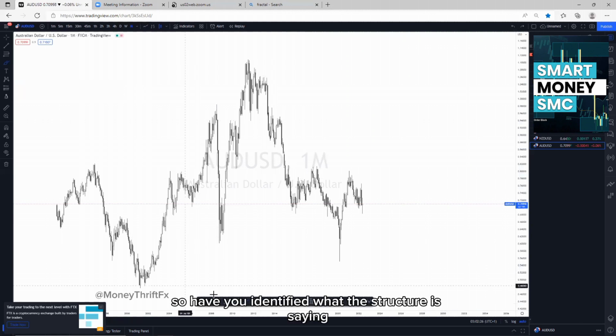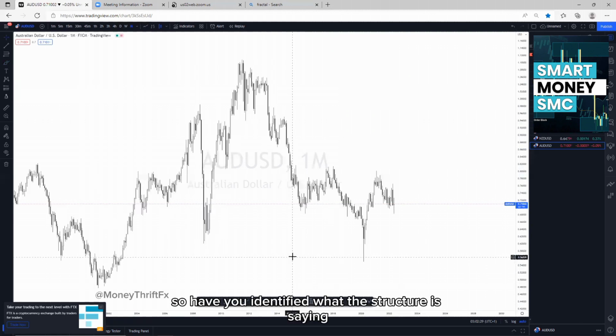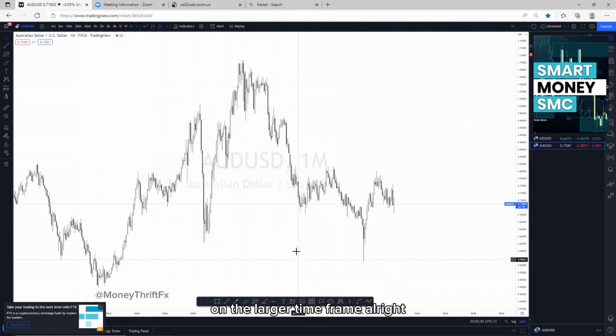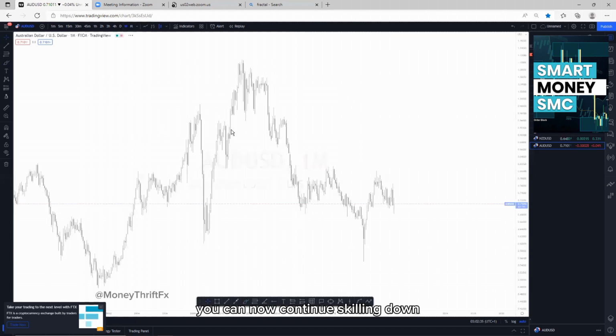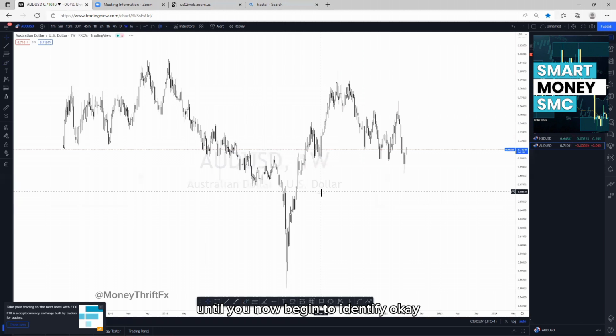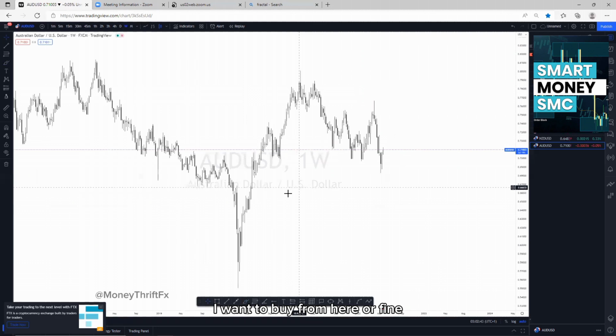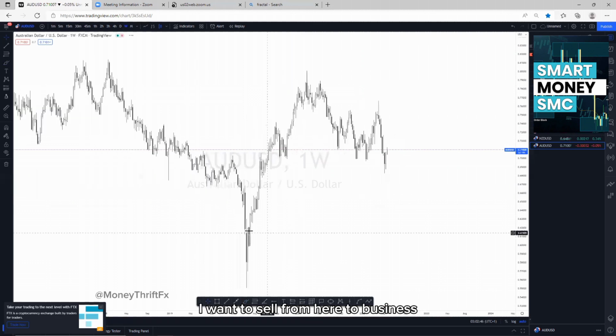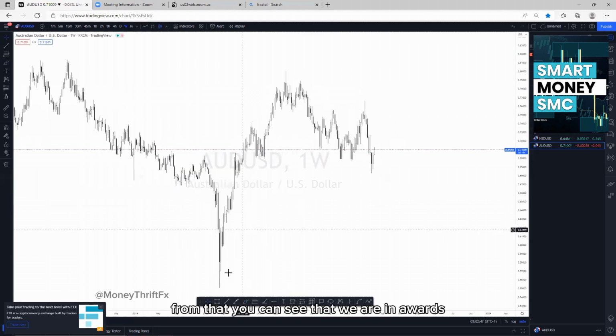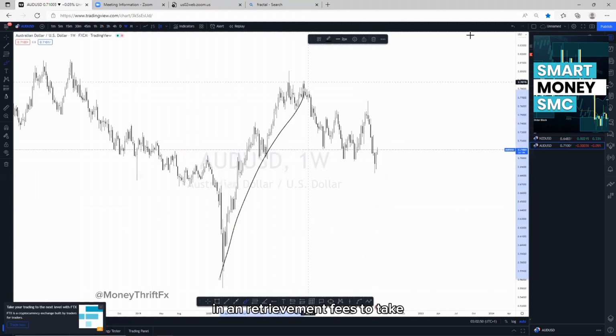Having identified what the structure is saying on a larger time frame, whether it is bullish or bearish, you can now continue scaling down until you begin to identify, okay, fine, I want to buy from here, or I want to sell from here. So based on that, we are in a retracement phase to take price way higher before it starts coming down.